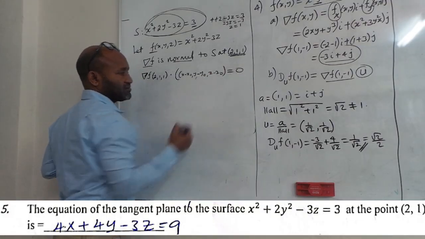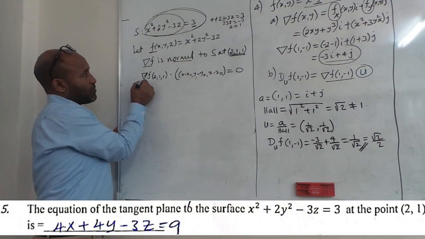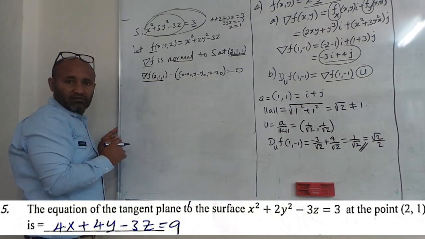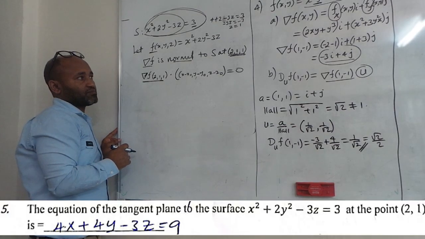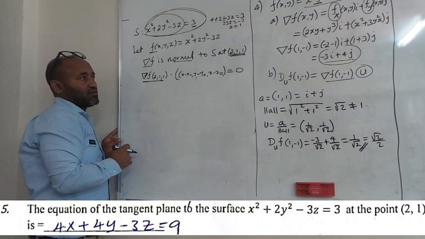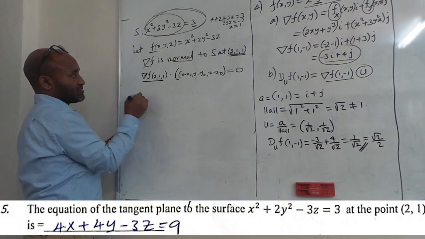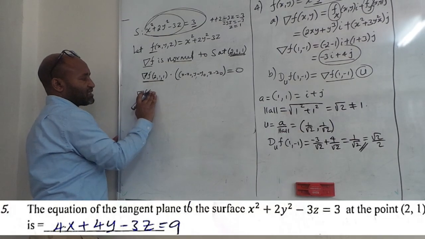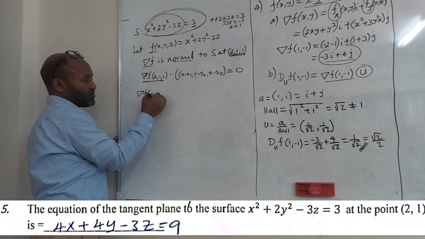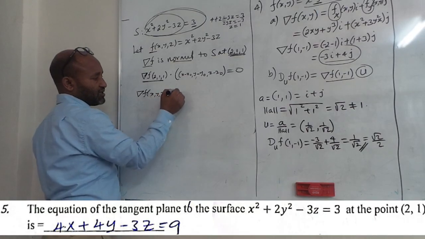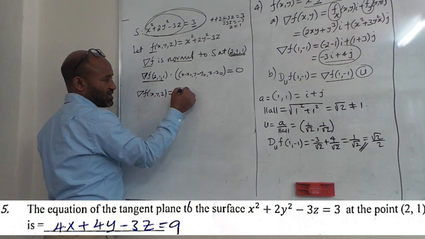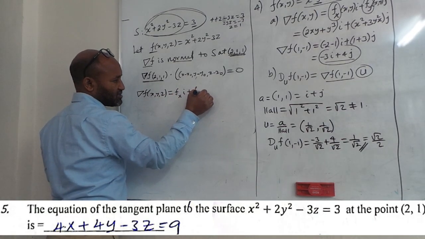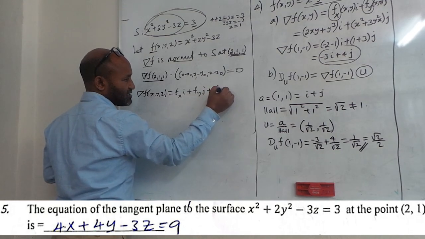is equal to 0. Now what is the gradient of f? The gradient of f at an arbitrary point x, y, z is equal to fx in the i plus fy in the j plus fz in the k.